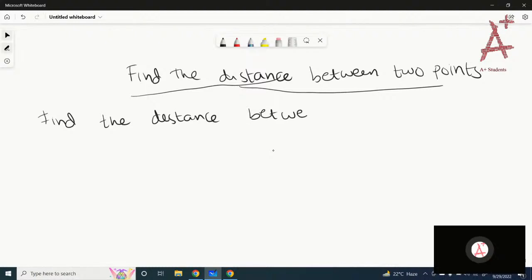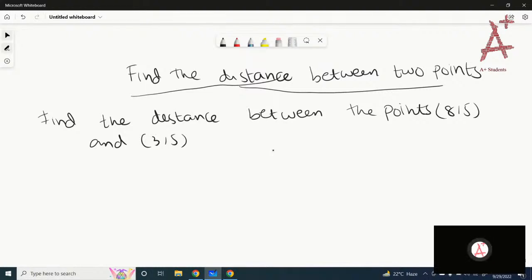Find the distance between the points 8, 5 and 3, 5. So we have to use the distance formula.